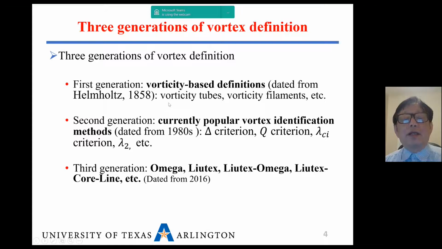His definition is mainly about vorticity tubes, vorticity filaments, etc. And then we have the second generation, which is currently very popular for vortex identification, like Delta, Q, Lambda-ci, Lambda 2 method, etc. Today our report is about the third generation, including the Omega, Nutex Omega, Nutex Liutex methods, dated from 2016.